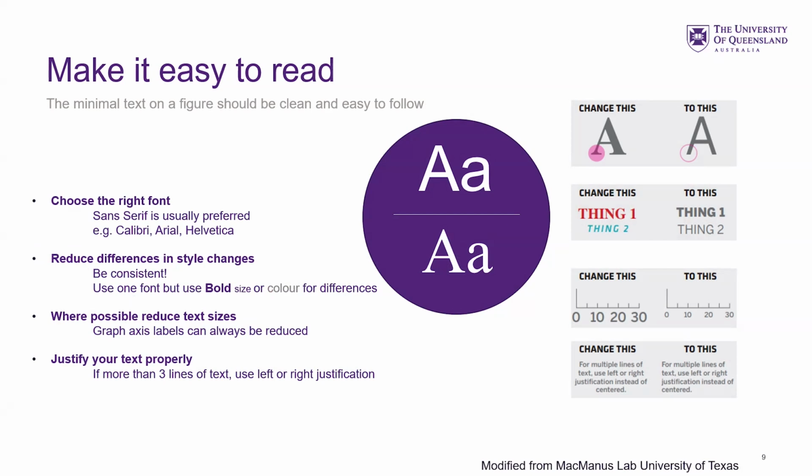It's a nice way of doing it. Where possible, reduce the text sizes. Often the axis labels are really big and they don't need to be. So if you're just copying and pasting it in from Prism or Excel, it's usually stupidly large axis labels.